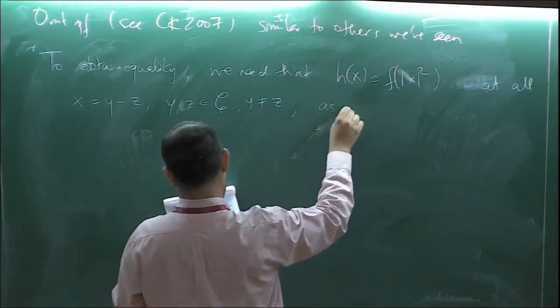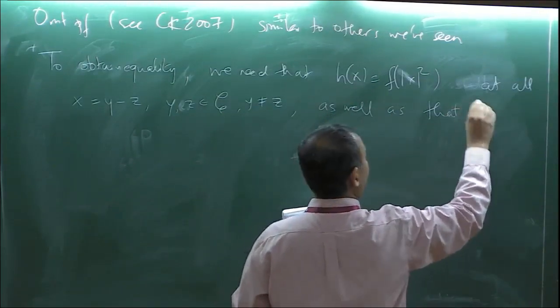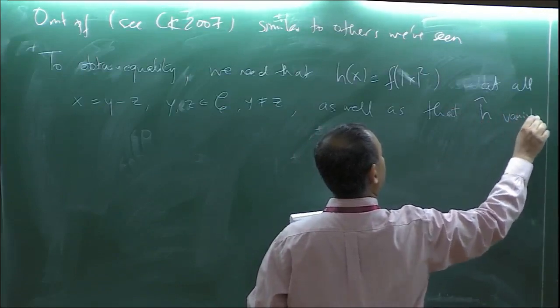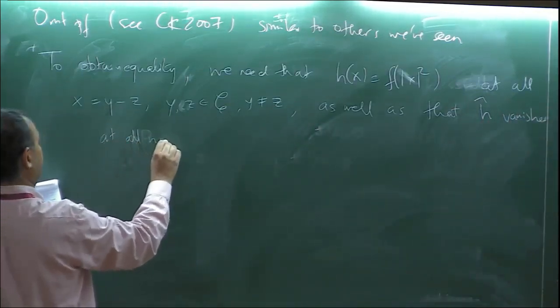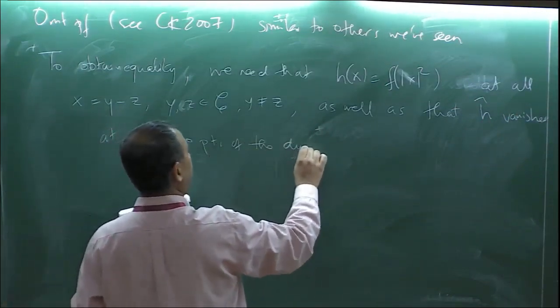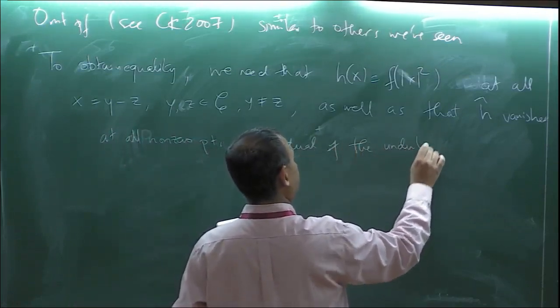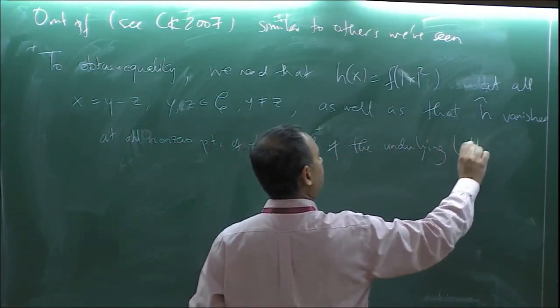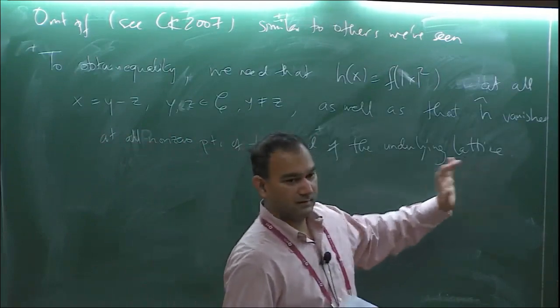As well as that, you also need that h hat vanishes at all non-zero points of the dual of the underlying lattice. You can read out exactly what the condition is that you need, but it's similar to the kinds of things you've seen in the sphere packing case.